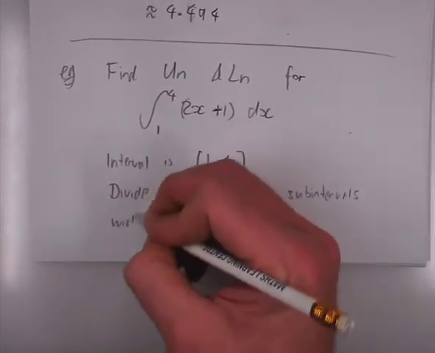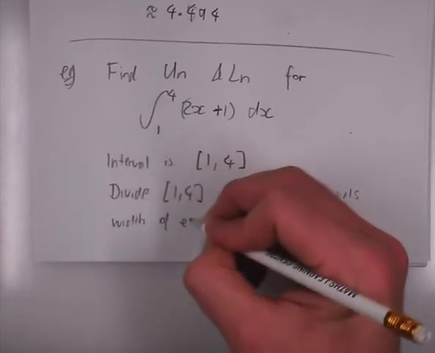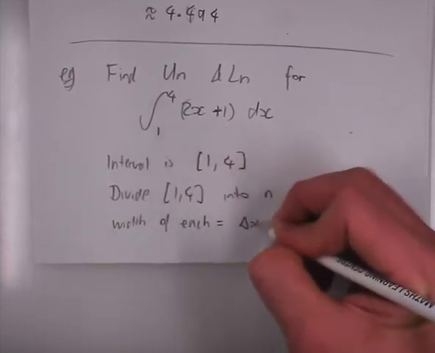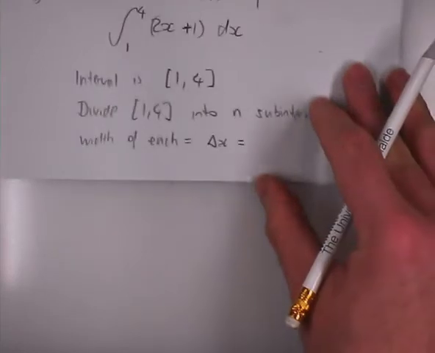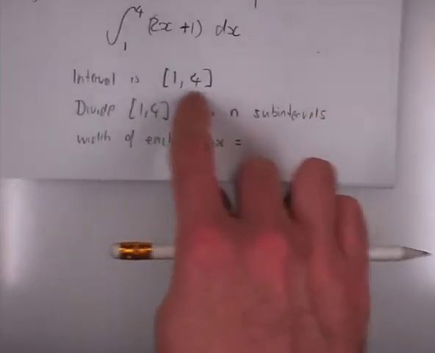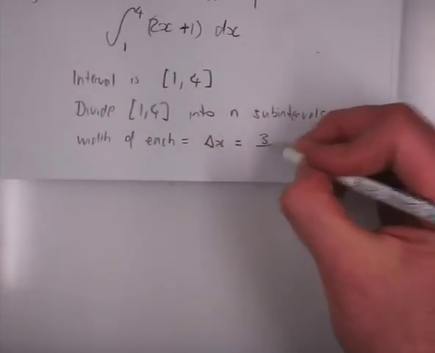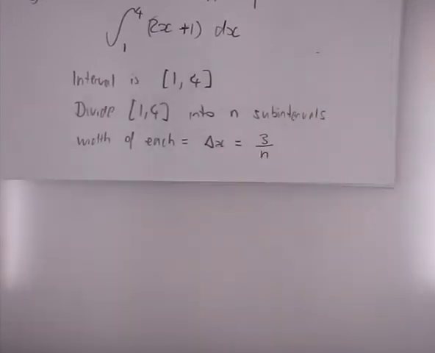The width of each is my delta x. This width is 4 minus 1, which is 3, divided by n, because I'm dividing into n pieces. I don't know what n is, so I have to leave it as a formula.